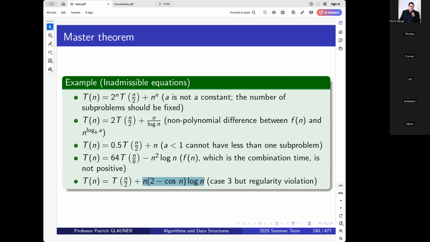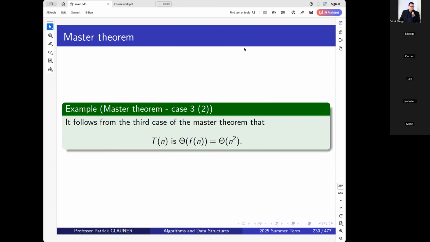And stuff like this also does not work. It would look like case 3, but we have this regularity condition where we said we have this inequality in there, and this one here does not satisfy it. So all of these equations here are not working for the master theorem.